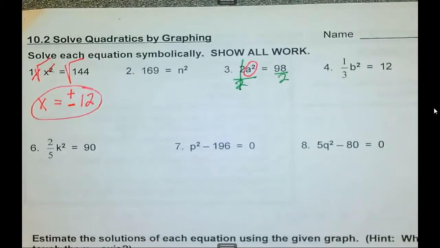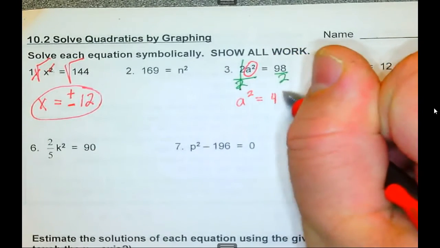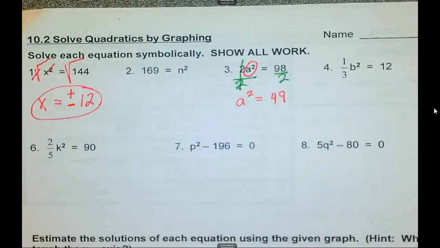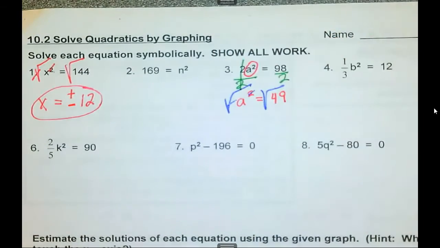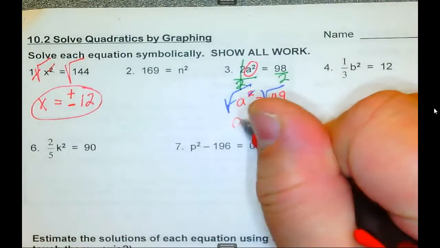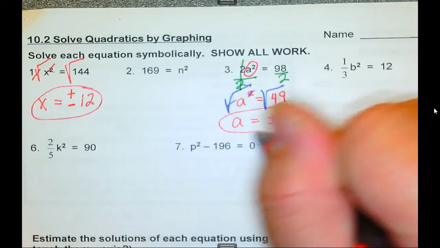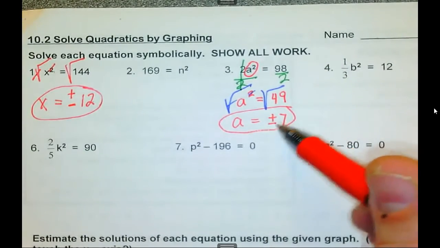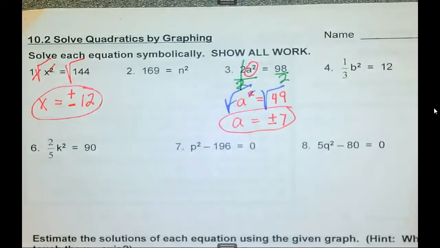I get a squared equals 49. Then I take the square root of both sides to get rid of the power of 2. And a equals plus or minus 7. So 7 and negative 7 are the solutions to 2a squared equals 98.